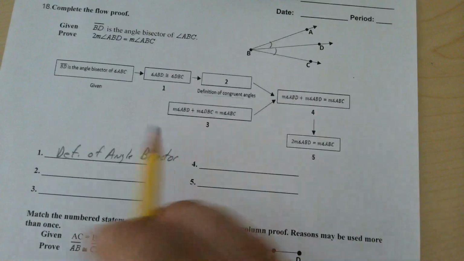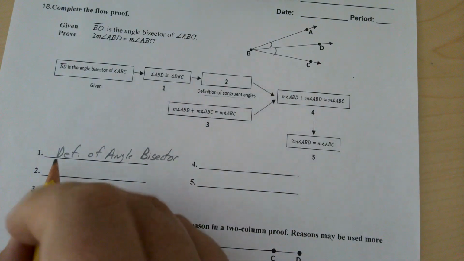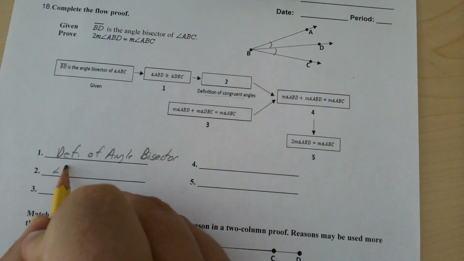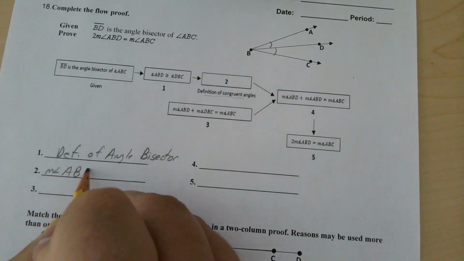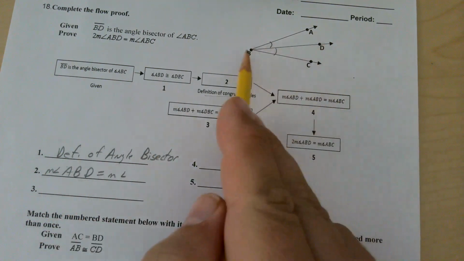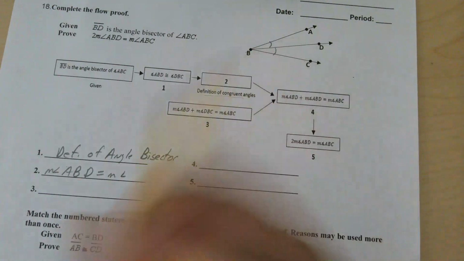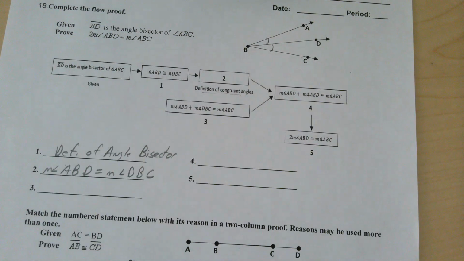Definition of congruency means that this congruent symbol can be replaced. So it's the measurement of angle ABD must be the same as the measurement of angle DBC. Okay, that's just simply the definition.